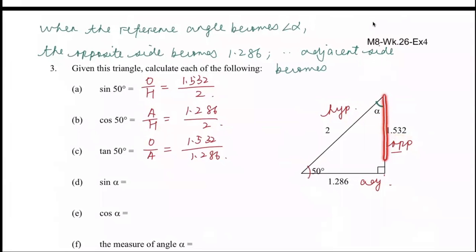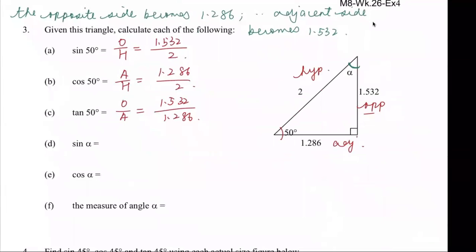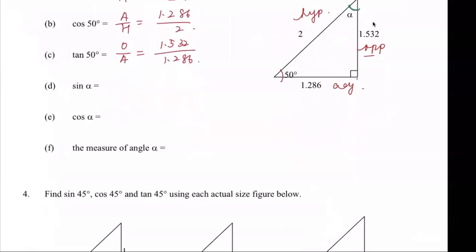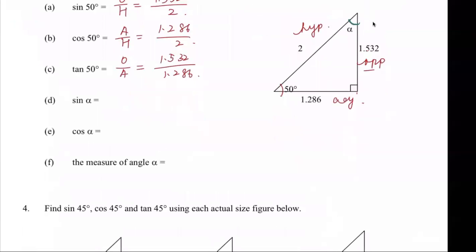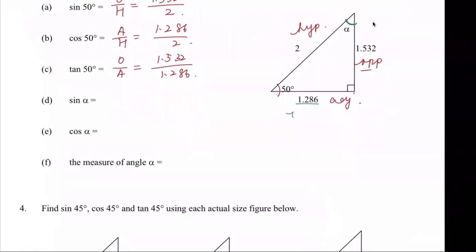This side becomes the adjacent side because it's the one that's next to the angle. So for the reference angle alpha, I'm using the green color. For reference angle alpha, this is the opposite side, and this is the adjacent side.